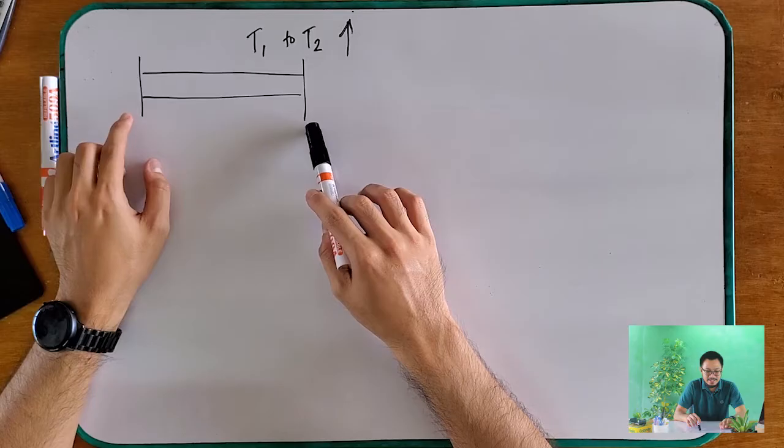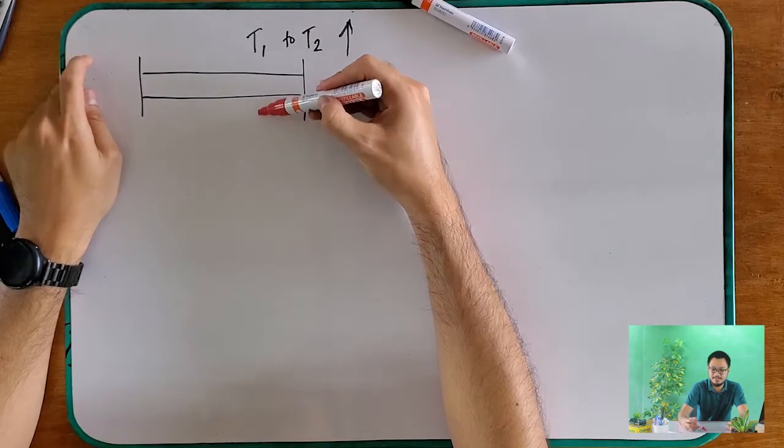But since this beam is fixed, supported on both ends, then bisag nag-increase ang iyang size, di siya ka-increase sa iyang size tungod kay nakasupport siya at both ends. And therefore, instead of increasing its size, nag-create na lang siya og stress sa iya sulod. Okay? And that is what you call your thermal stress.